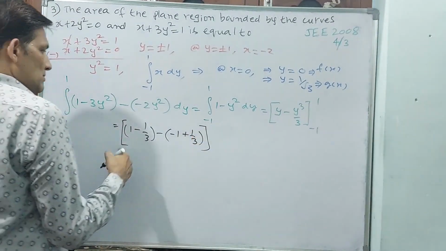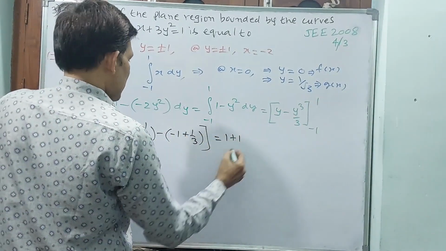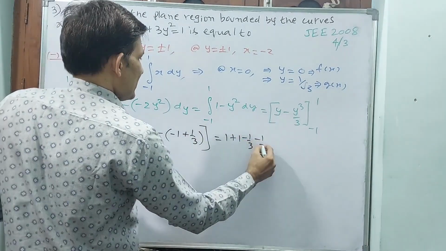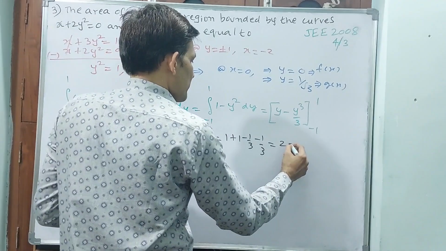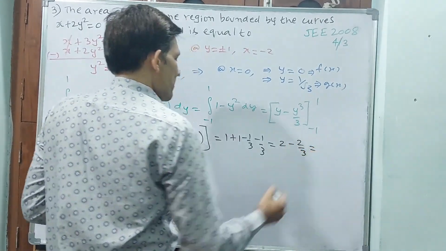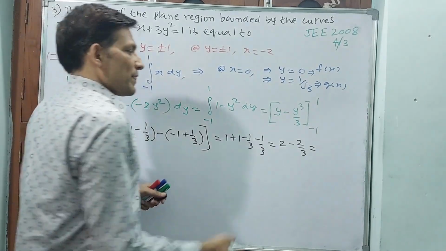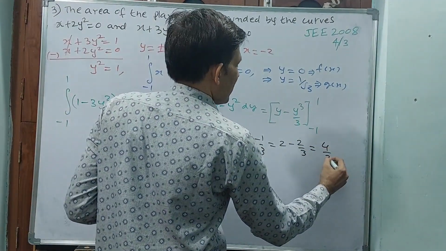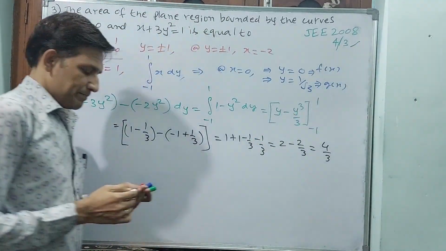That means 1 plus 1 minus 1 by 3 minus 1 by 3, which is 2 minus 2 by 3. Taking LCM 3, 6 minus 2, 4 by 3. 4 by 3 will be your answer.